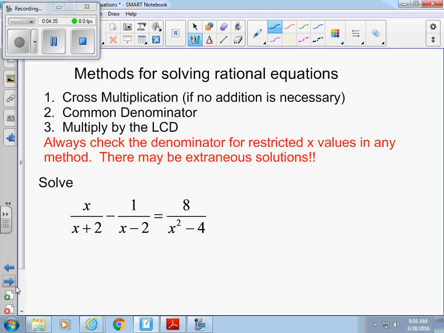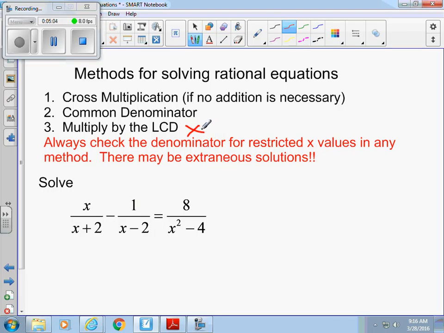The other 2 options are getting a common denominator on both sides, and then the third one is multiplying by the least common denominator. I am not going to teach you this one. But I wanted to mention it because if you did it last year and you liked it, do it. If it worked for you last year, pick it and use it.